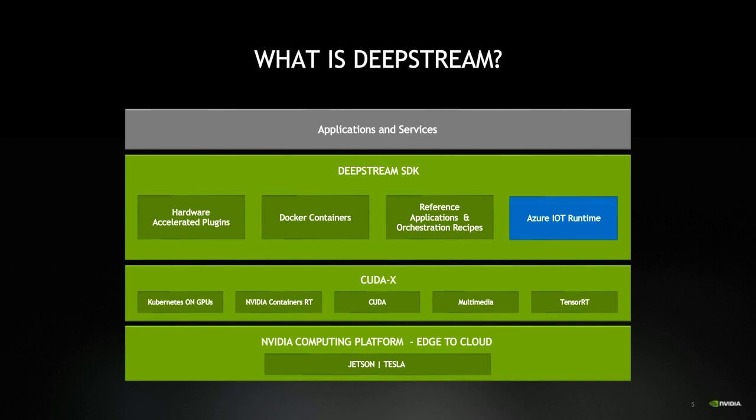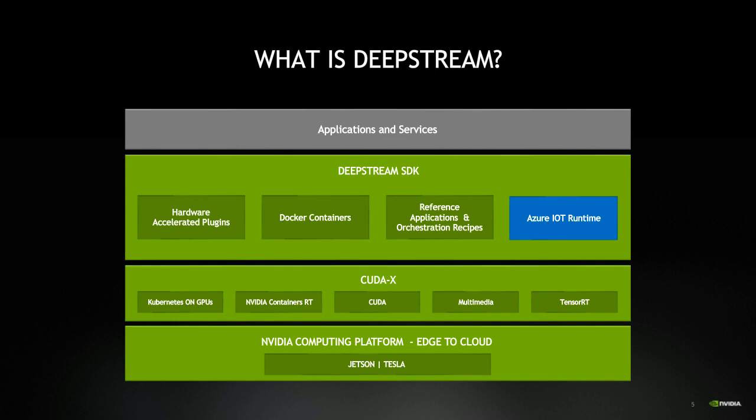In addition, we provide several reference application and orchestration recipes to kickstart any IVA projects. Finally, to connect to the cloud, DeepStream supports communication to the Microsoft Azure IoT Cloud using the Azure IoT Runtime. This allows seamless connection to the cloud to run analytics and manage devices.